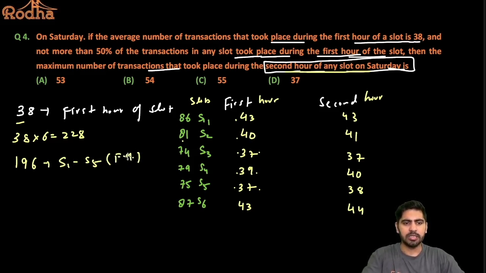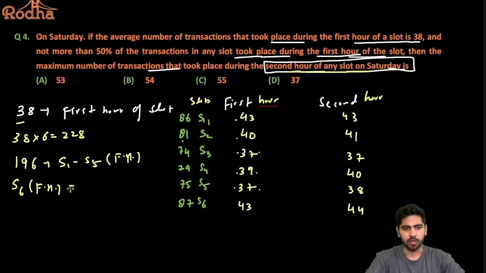So can I say the least number of transactions in the first hour of the sixth slot, right? The least number of transactions in the first hour of the sixth slot should be nothing but the total number of transactions, that is 228, minus the number of transactions across the first five slots, right? Which gives me nothing but 32.